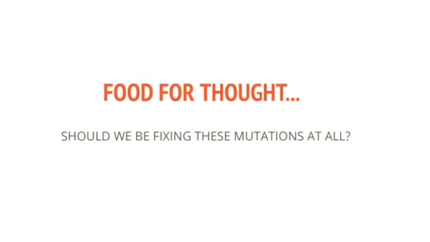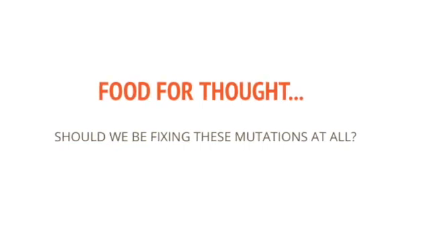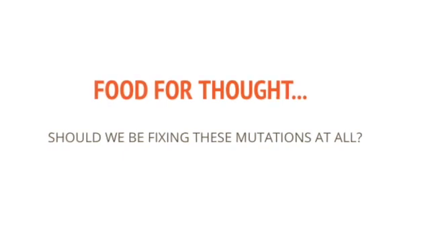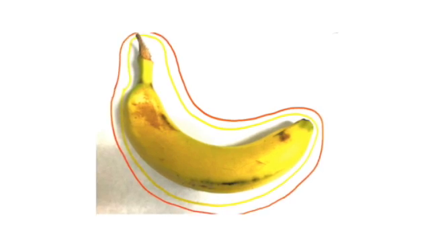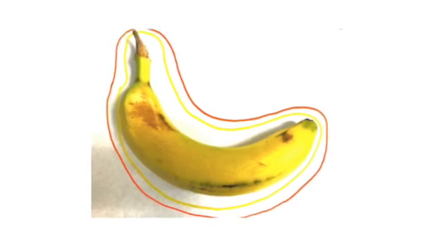So one example that I wanted to bring up is something that you guys are probably aware of, but just to give you some perspective. When you're browsing the grocery store with your parents and you see a banana, for example, this banana has been genetically modified.